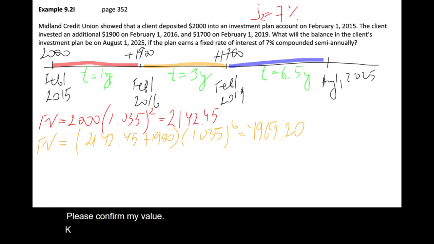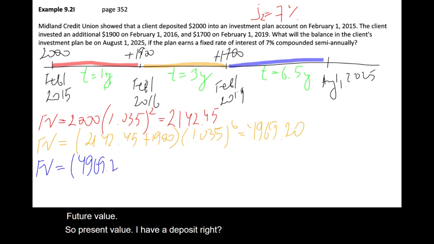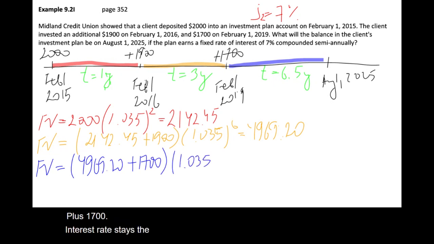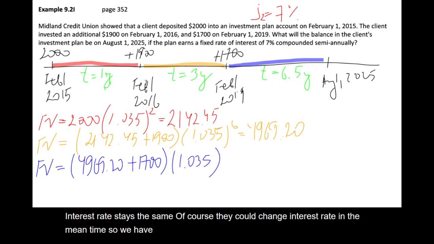Okay, and finally, blue interval, future value. So present value, I have a deposit, right? Plus 1700. Interest rate stays the same. Of course, they could change interest rate in the meantime, so we have more steps.